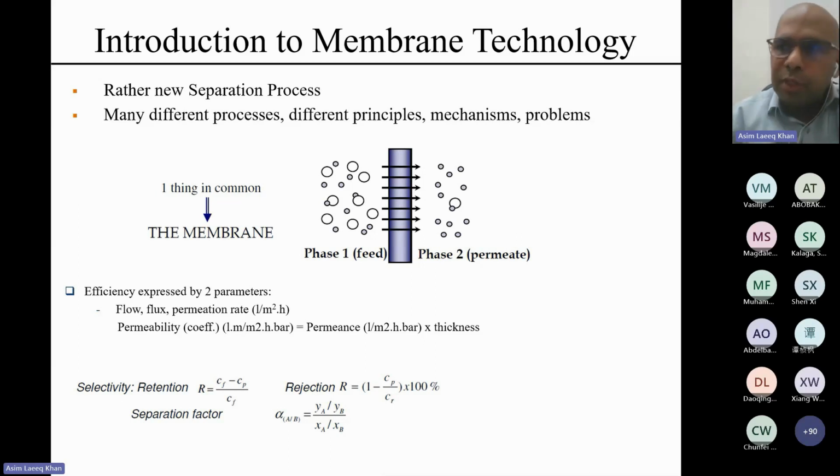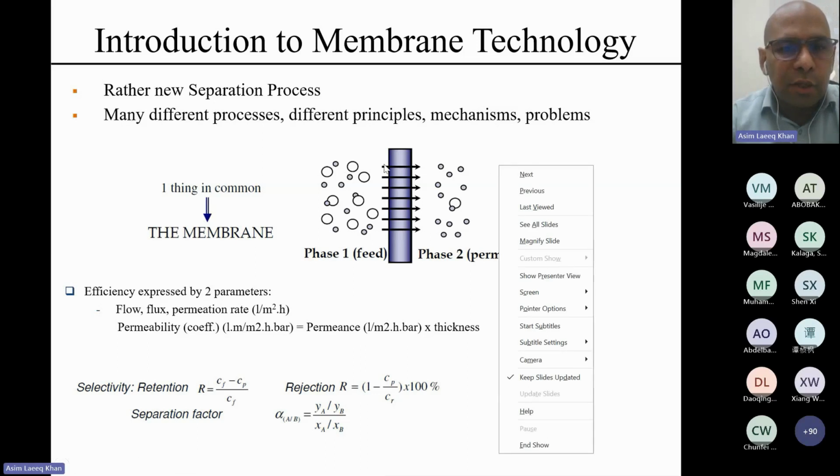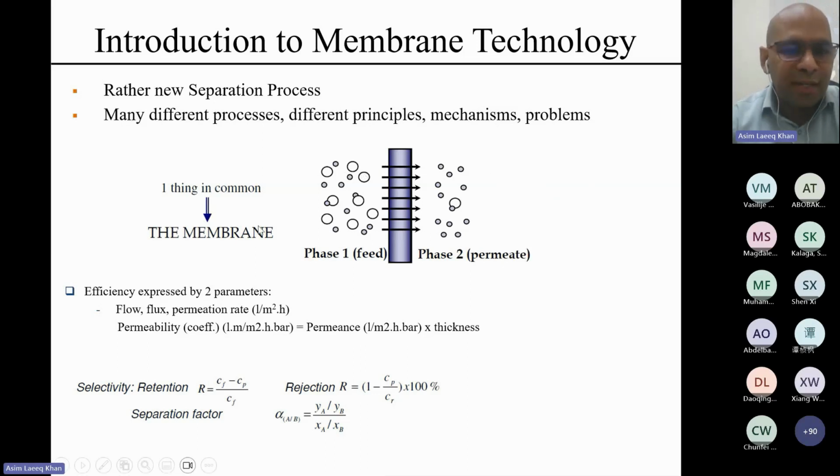Even when we talk about gas separation, there is hydrogen separation, CO2 separation, syngas upgradation, natural gas separation, biogas separation, and these different separation processes through membranes operate on different principles. The transport mechanisms are different, the problems or challenges are different, but in all these different applications, there is one thing that is common: they all use membranes.